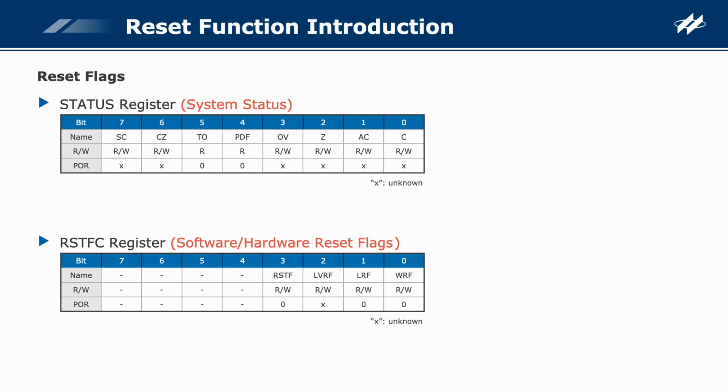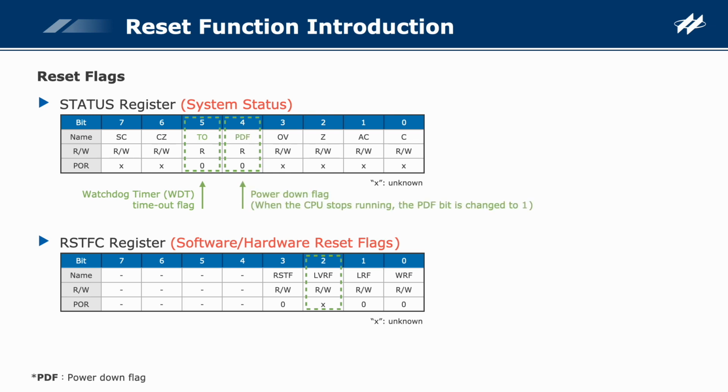The hardware reset flags are related to the TO and PDF bits in the status register, and the LVRF bit in the RSTFC register. The TO bit is the watchdog timeout flag. The PDF bit is the power down flag. When the CPU stops running, the PDF bit is changed to 1. The LVRF bit is the low voltage reset flag.